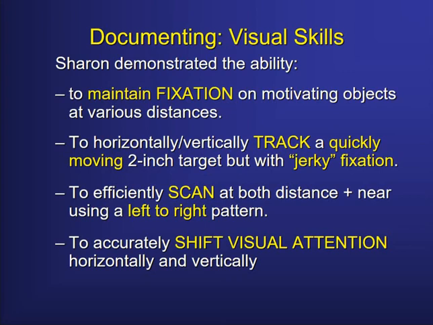Sharon demonstrated the ability to horizontally and vertically track a quickly moving 2-inch target, but with jerky fixation. Sharon could efficiently scan at both distance and near distances using a left-to-right pattern. And she could accurately shift visual attention horizontally and vertically.